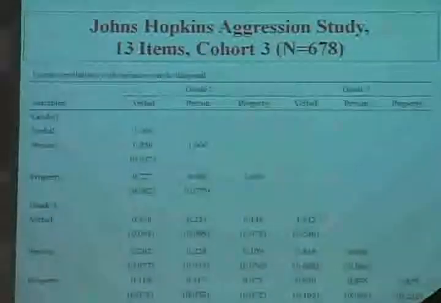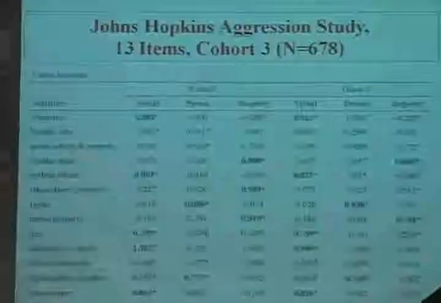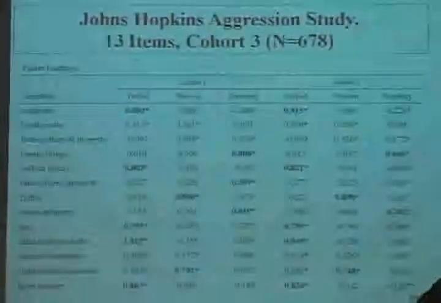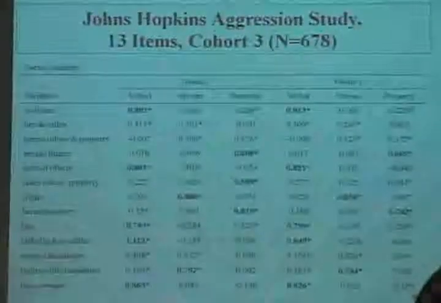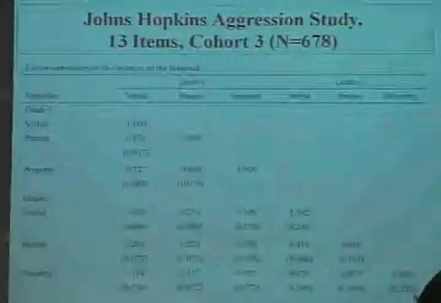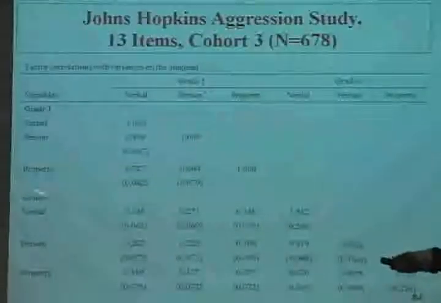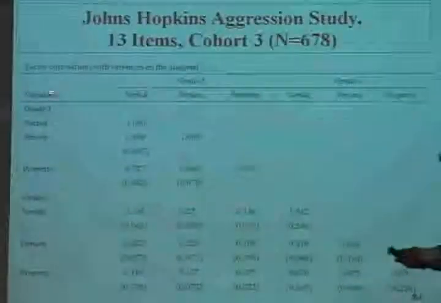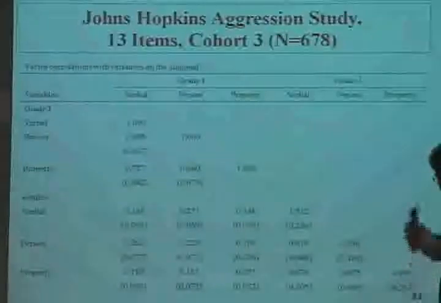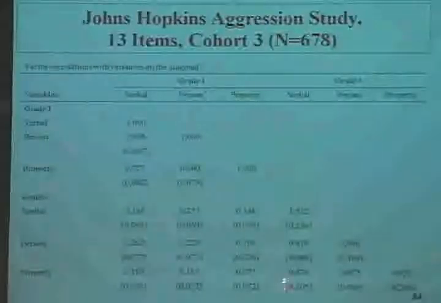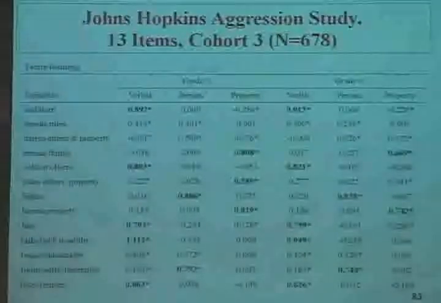And this actually comes from an analysis where these loadings are held equal across the 2 time points, and the 3 factors here, verbal, personal, and property, are allowed to have different variance matrices. And on this page we get the standardized solution of that.